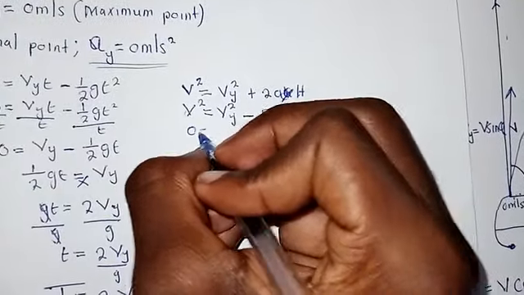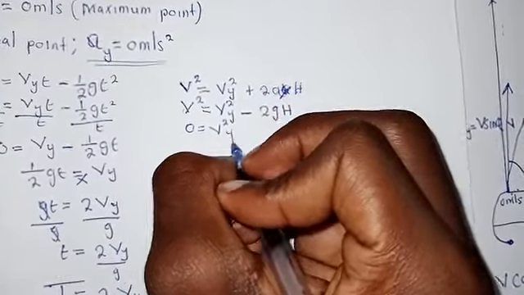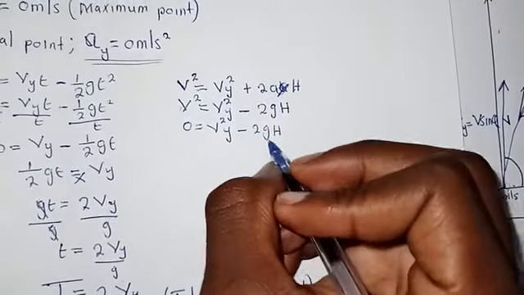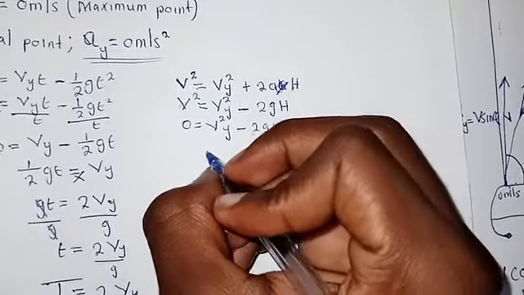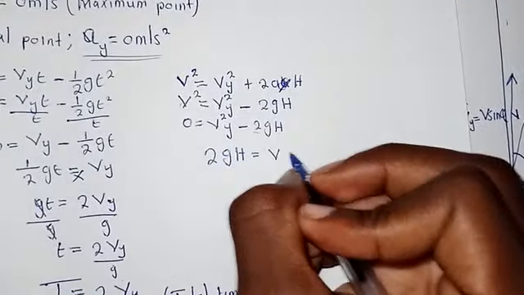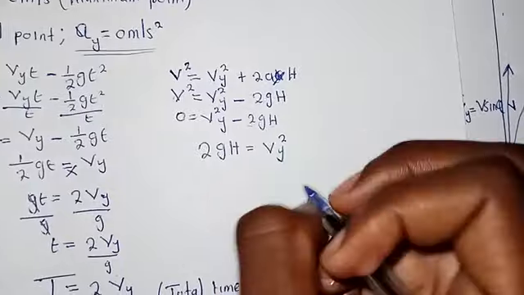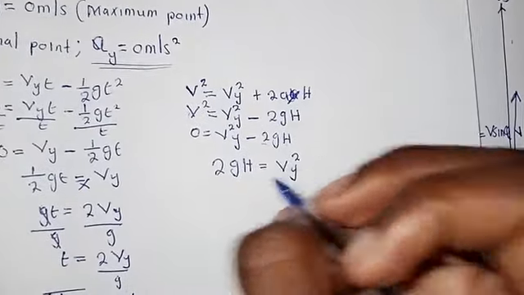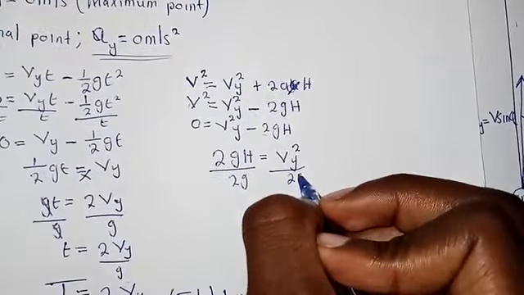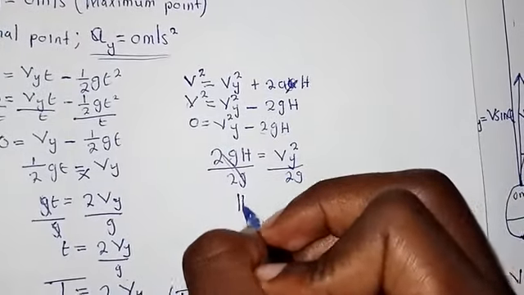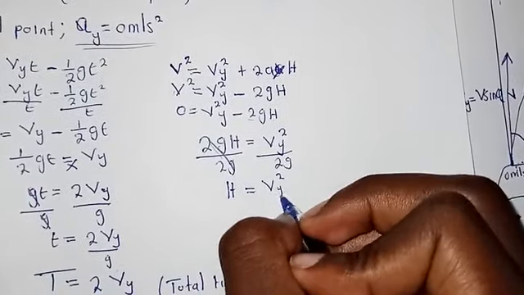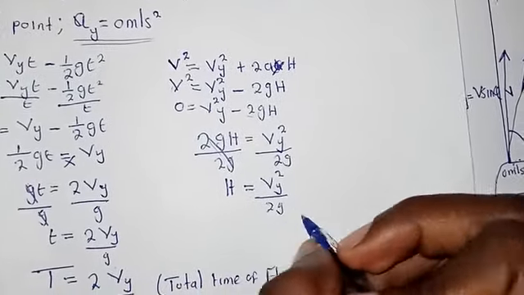So I have 0 equal to v squared y minus 2gh. So we can take this guy this side. It will be 2gh equal to v squared y, which happens to be a component in the y. From here we can say over 2g over 2g. From here the maximum height is going to be v squared y over 2g.